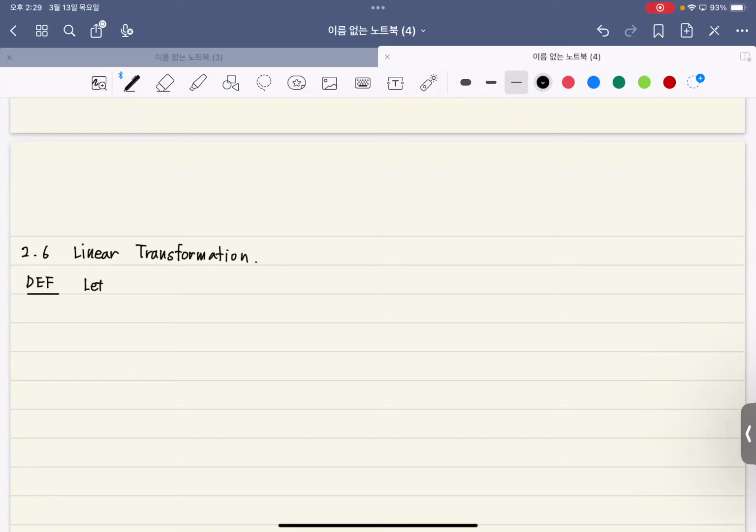I have two vector spaces, and I want to consider a function between them.